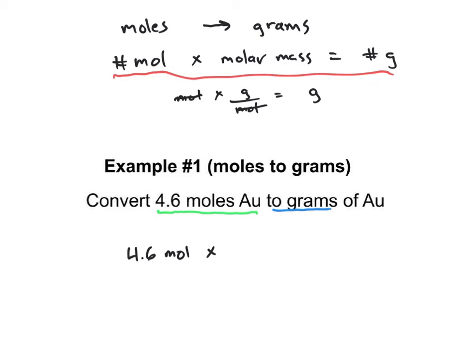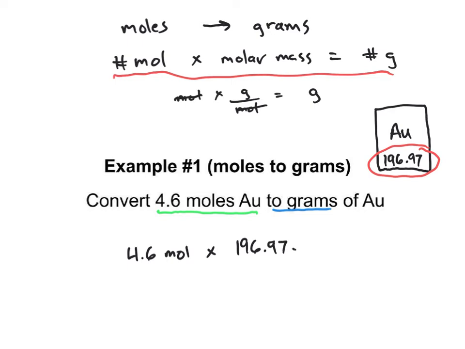Now how do you find the molar mass of a single element? Well, it's just the average atomic mass on the bottom that we looked at last week. For Au, if you look at the bottom, it's 196.97. This is the number right here that we're looking at. So we have 4.6 times 196.97 grams per mole, and it's going to give us an answer of 906.1 grams.